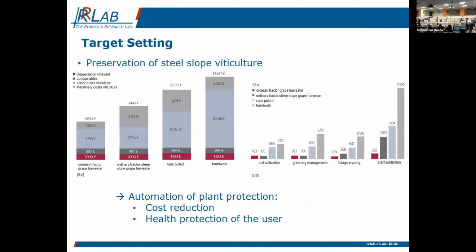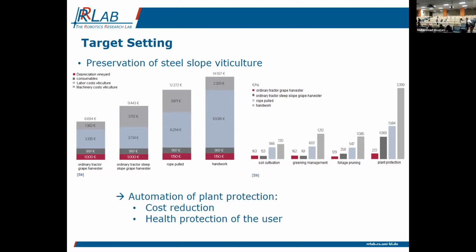The labor cost is, for example, this blue one here, comparing ordinary tractor work in flat terrain, ordinary tractor work on a steeper slope, and here we are in the handwork part, where we see that the labor cost in viticulture is more than 3 times as high as in flat terrain vineyards, which is also an argument for automating it, because obviously we want to decrease the labor costs. And here on the right side, you also see some of the different tasks we have to do.